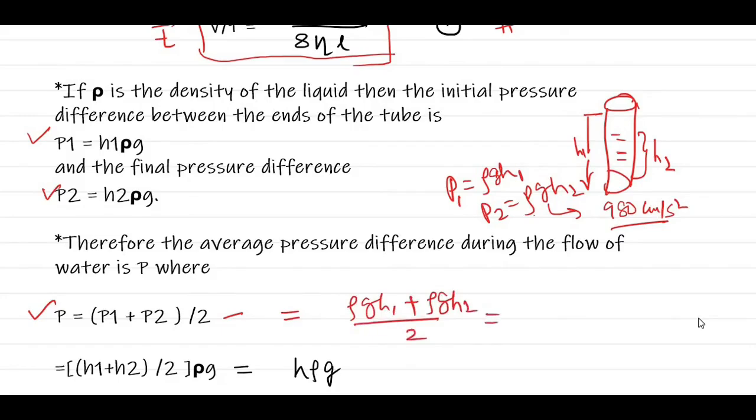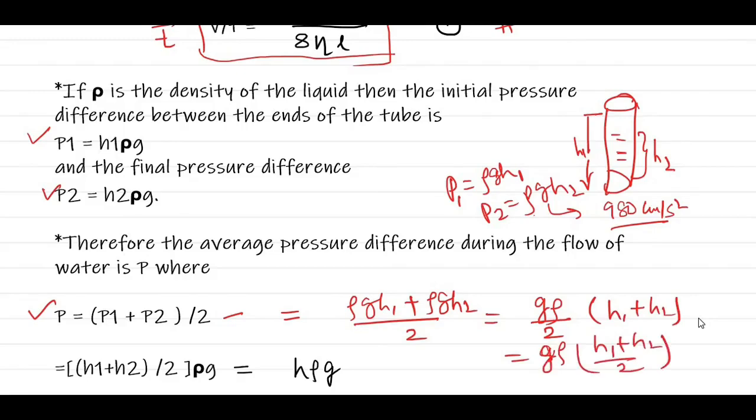Rho and g are constant, the density of the liquid is constant, and 2 is constant, so we can write g rho into h1 plus h2 divided by 2. This h1 plus h2 by 2 is the average height, so we can write it as h. So rho g h will be the pressure.